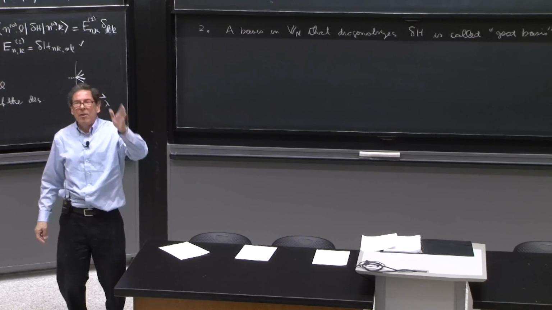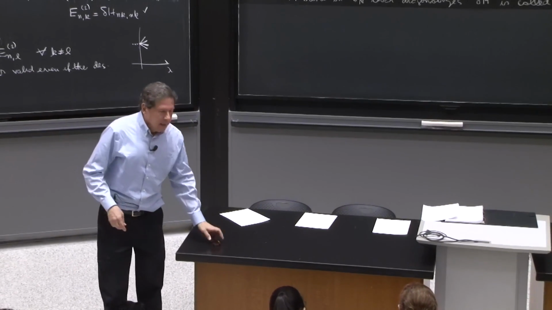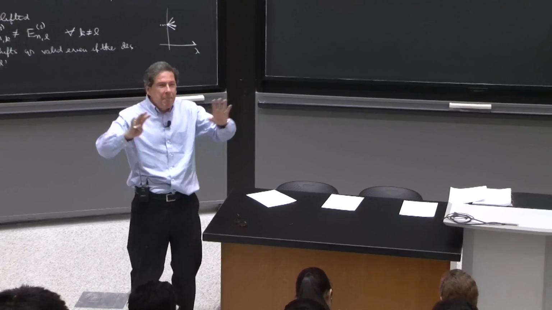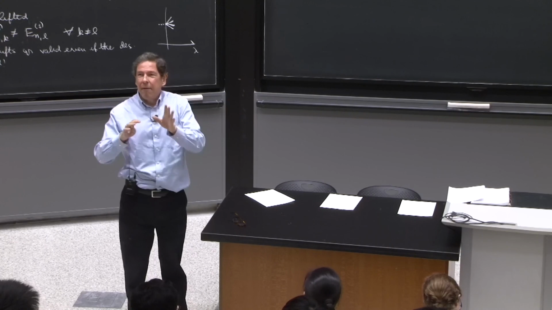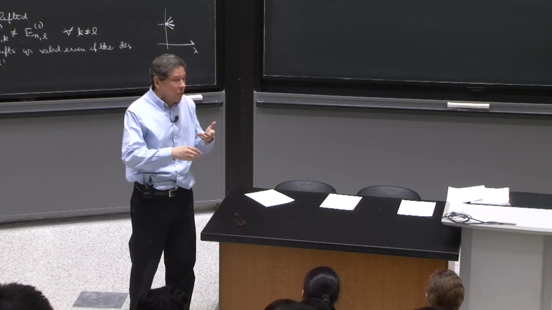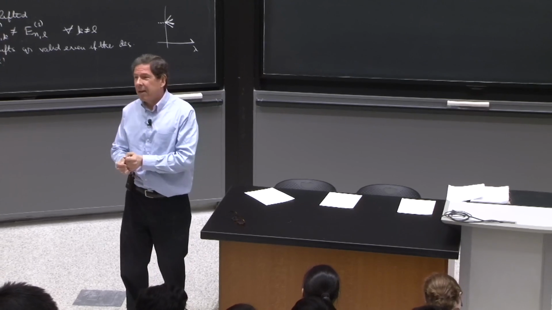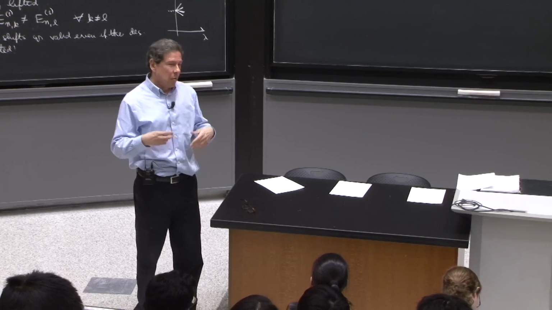So here comes a question that you want to answer. Typically, you have some basis that you like, and you have a delta H. Now, you could say, OK, do I know that delta H is diagonal in this basis? Maybe I don't. So what can I do?